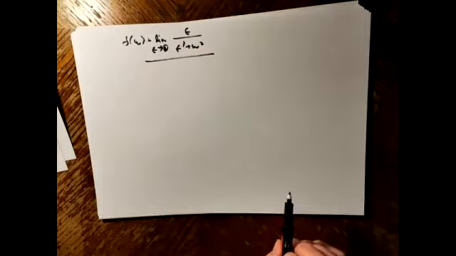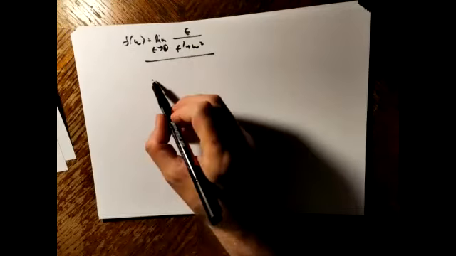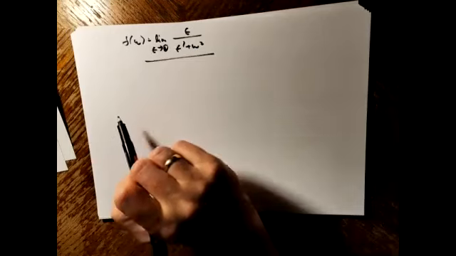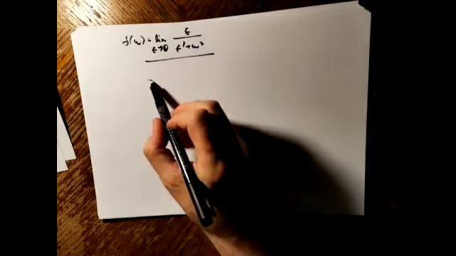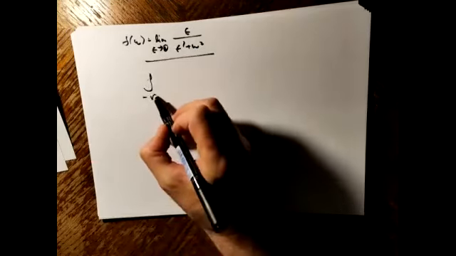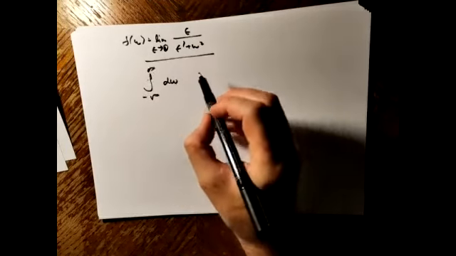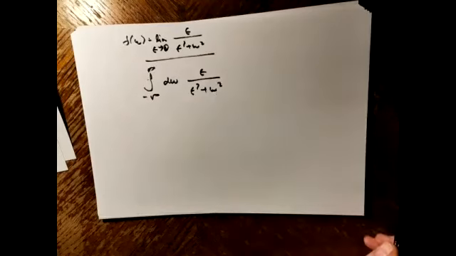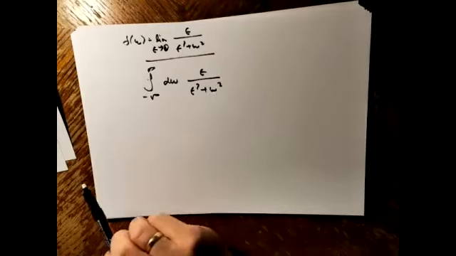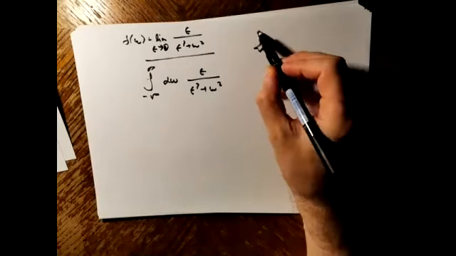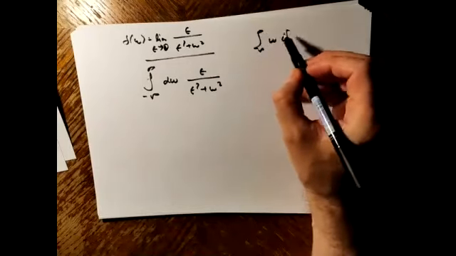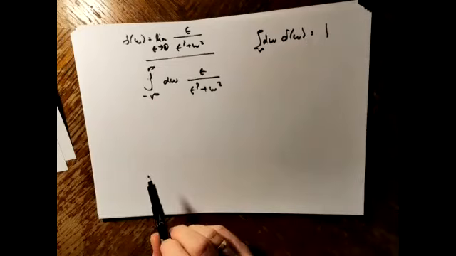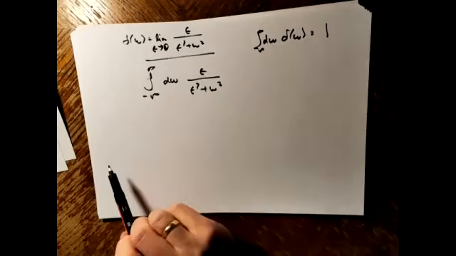What I'm going to do is investigate whether this is a delta function or not by integrating from minus infinity to plus infinity d omega epsilon over (epsilon squared plus omega squared). I'm interested in this integral because I know that the integral from minus infinity to plus infinity d omega delta of omega just gives me 1. So what does this give me if I do this integral?